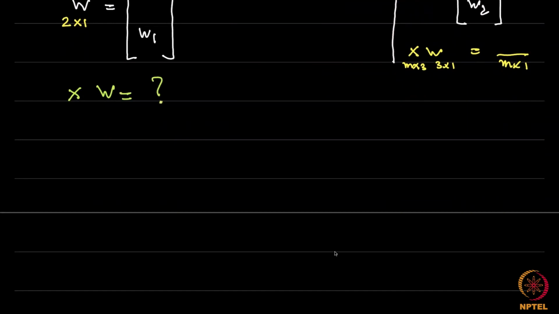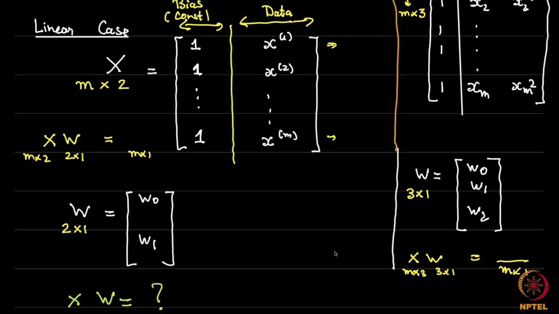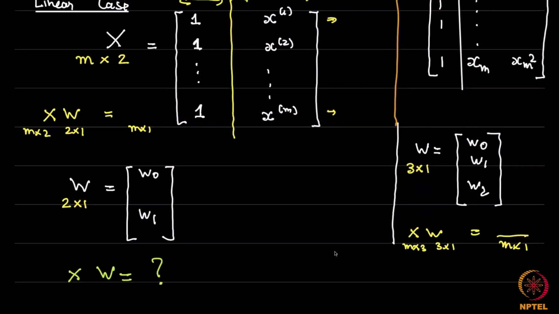Let's go back here and look at XW. The very first row of XW is going to be first row into first column, which is going to be 1 times W0, which is W0, plus W1 times X1.